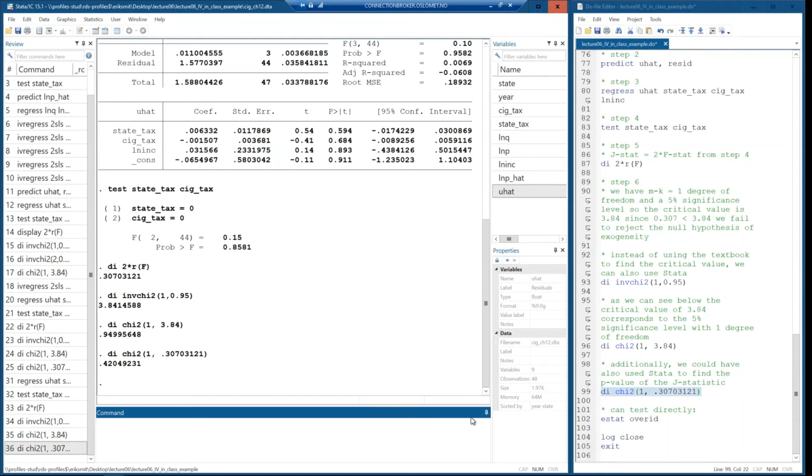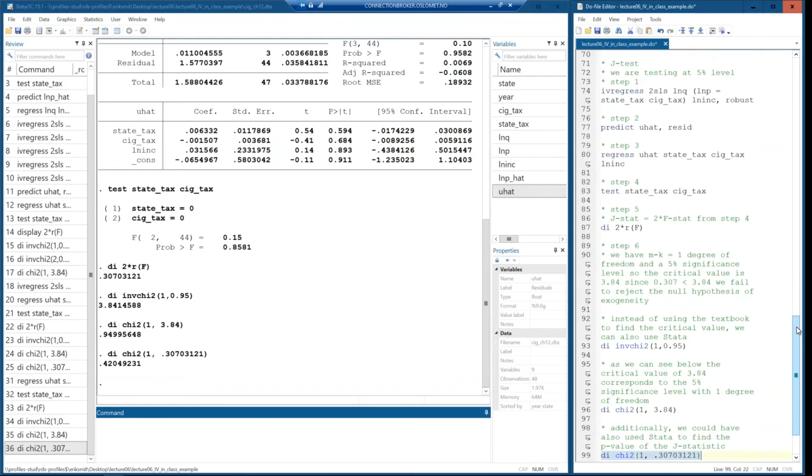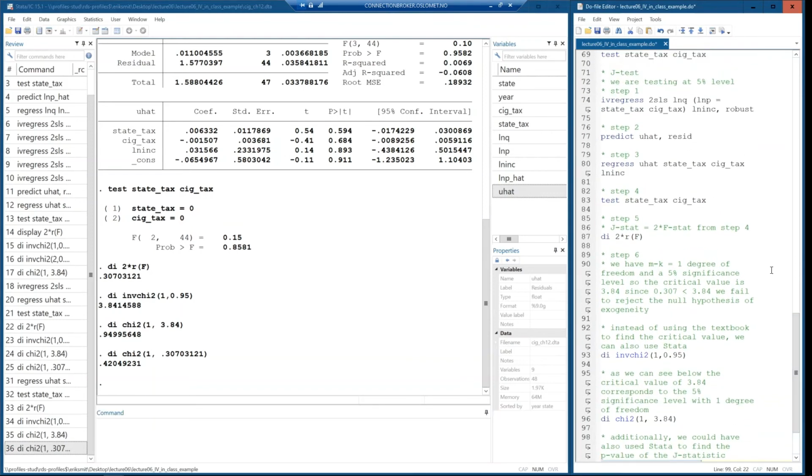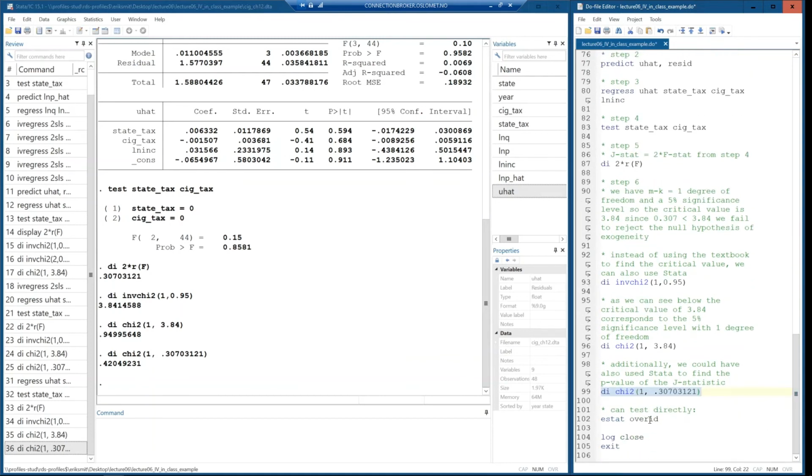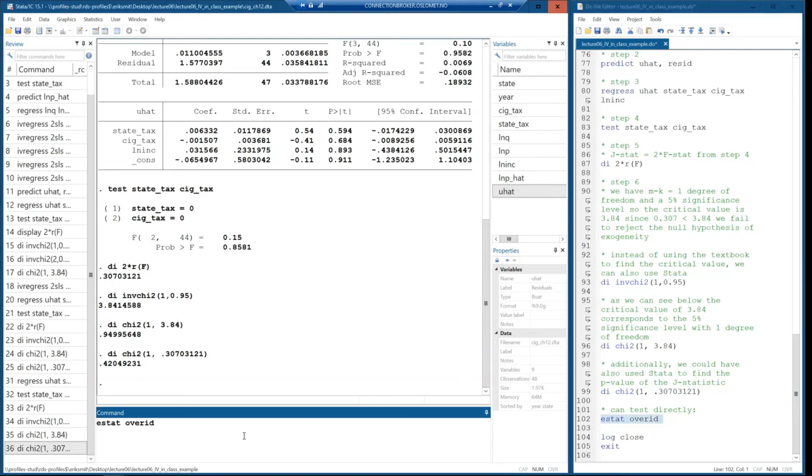Instead of going through all these steps, which is quite cumbersome, and well, they were useful to just show you what's going on, you can always in Stata do something more elegantly. In this case, you can just write estat overid to get the overidentifying test.